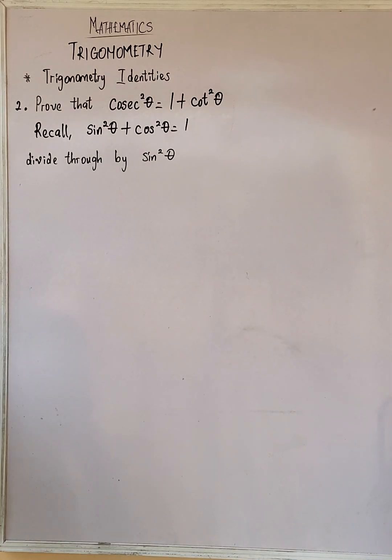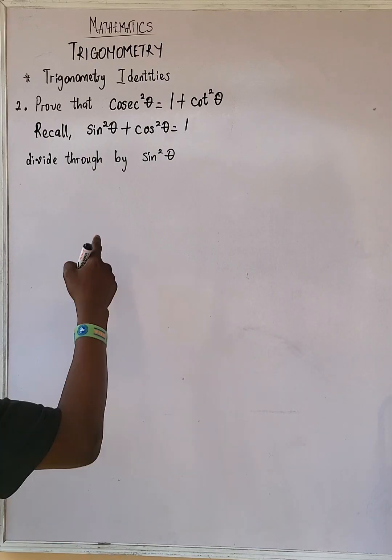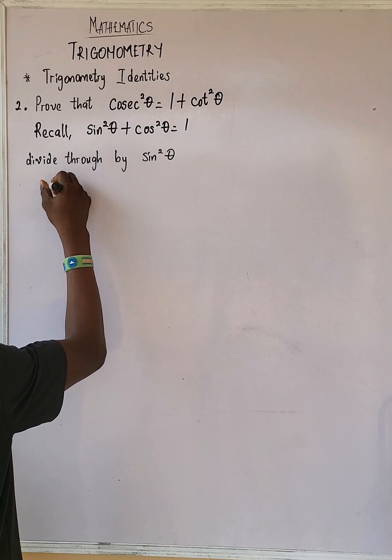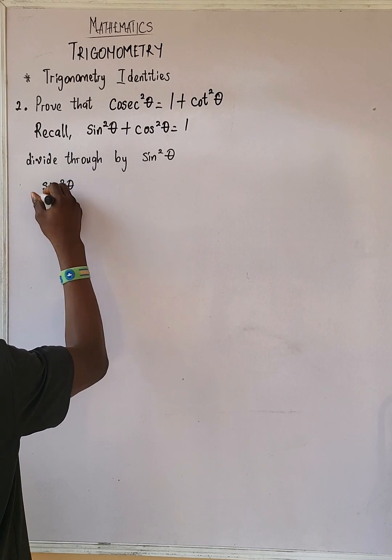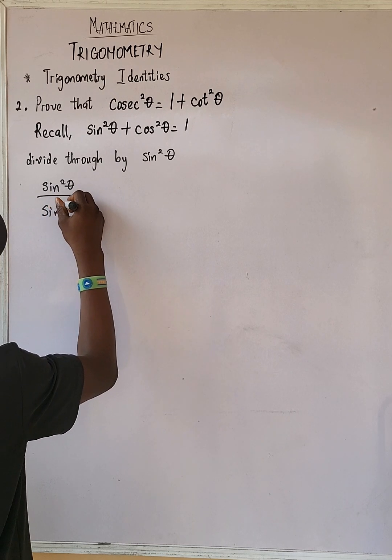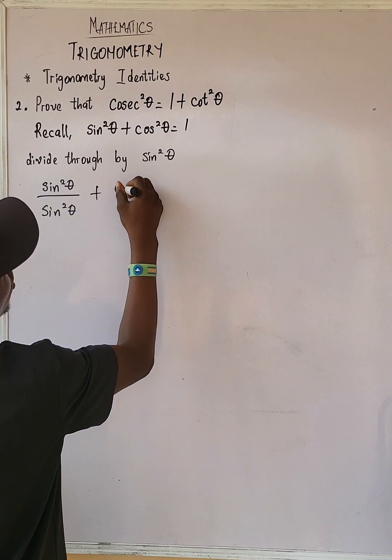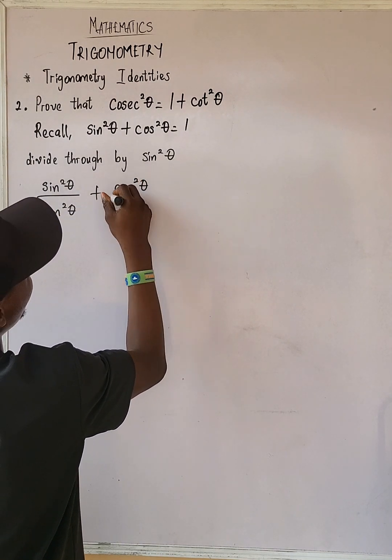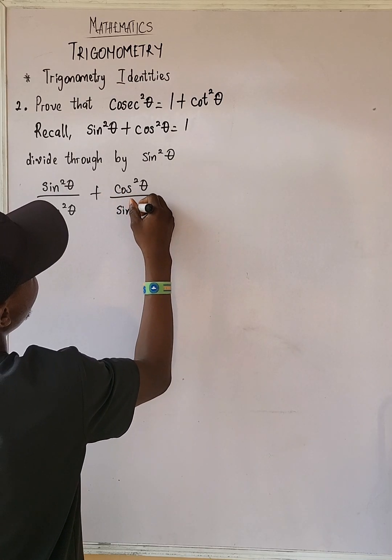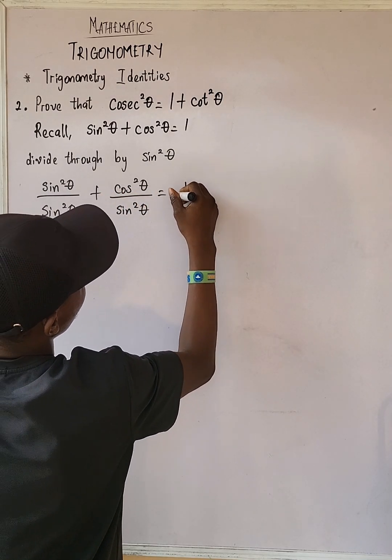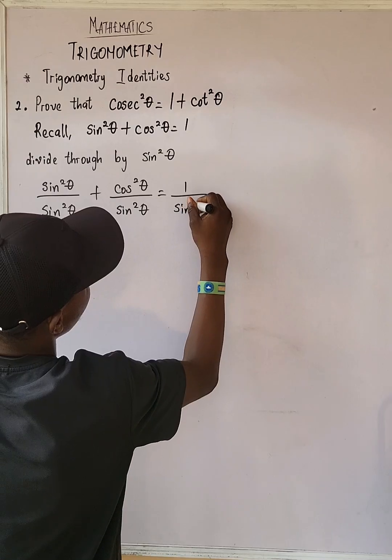That gives us sin square theta over sin square theta, plus cos square theta over sin square theta, equals 1 over sin square theta.